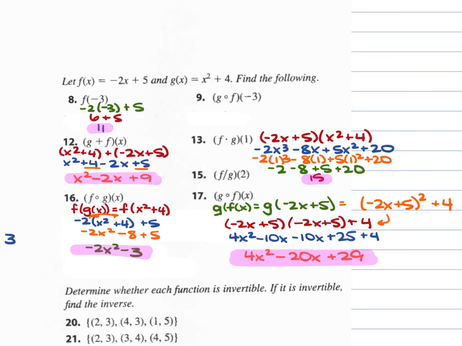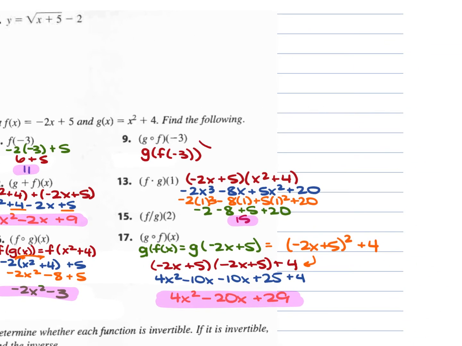Alright, so at this time I want to go back to number 9 and do 9 and 15. For number 9, we have g of f of negative 3. So this we can rewrite as g of f of negative 3, which means plug the negative 3 in for x in f of x, simplify that, and then plug that in for g of x. So f of x is that negative 2x plus 5, so f of negative 3 is negative 2 times negative 3 plus 5.